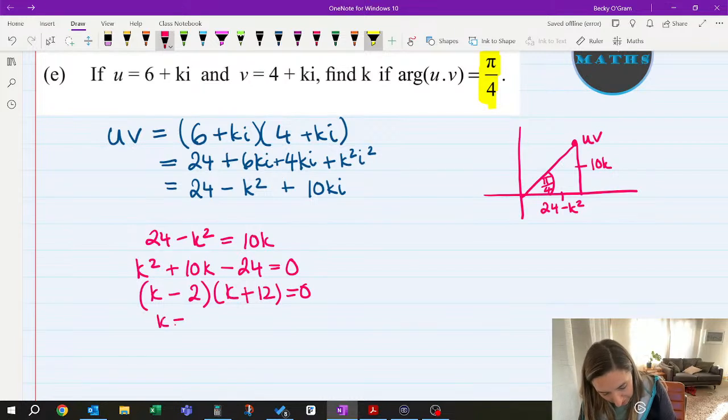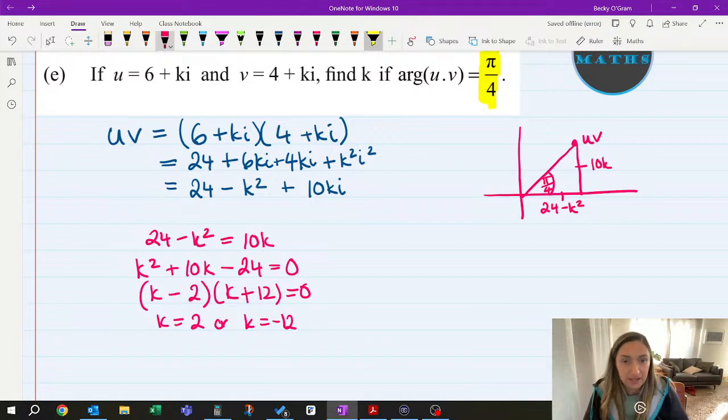So k equals 2 or k equals minus 12. Now, the one thing that I bet lots of people missed on this one was to check those two solutions. So k could be 2 or it could be minus 12. Those would both be solutions to that quadratic, but we now need to check that it's actually a solution to the problem that we've been given.